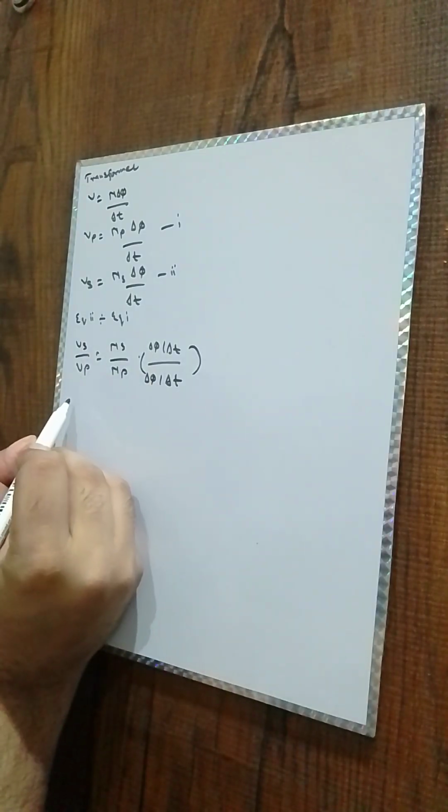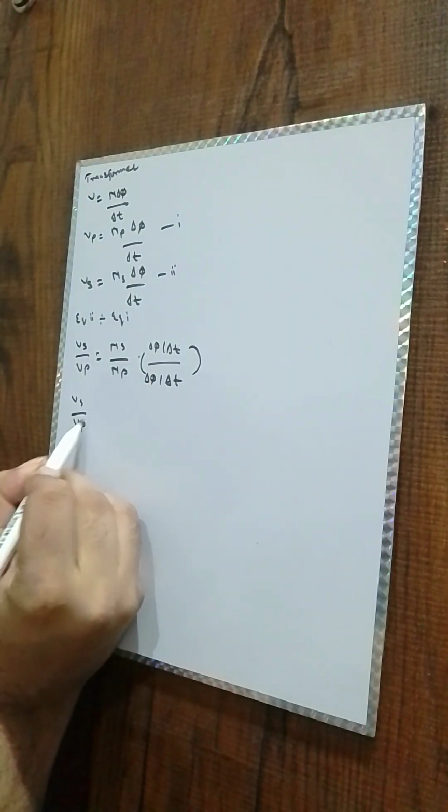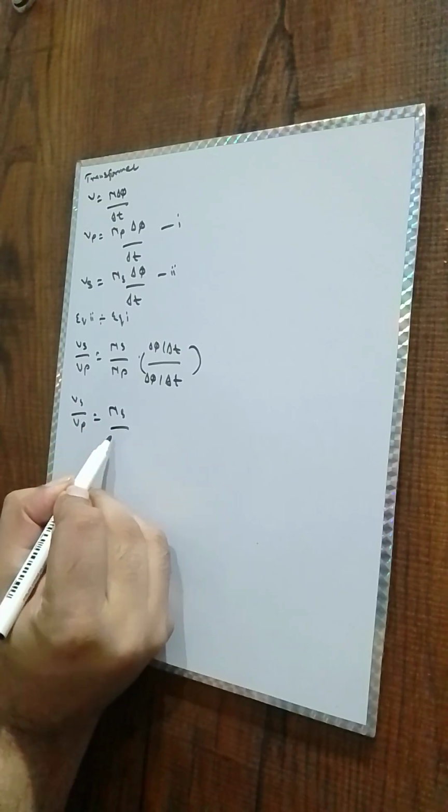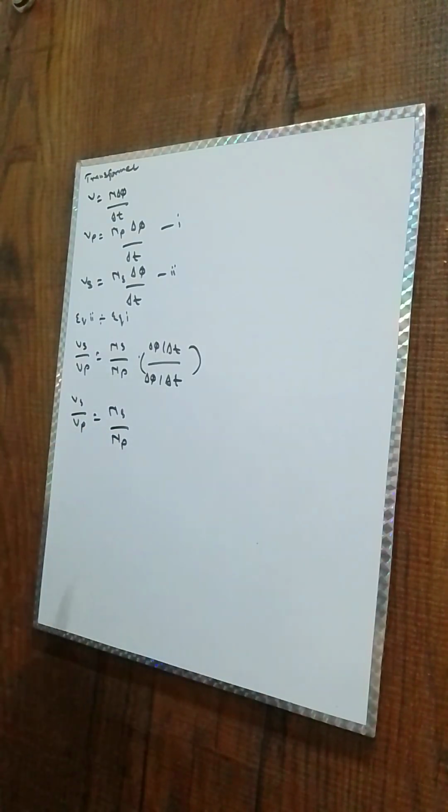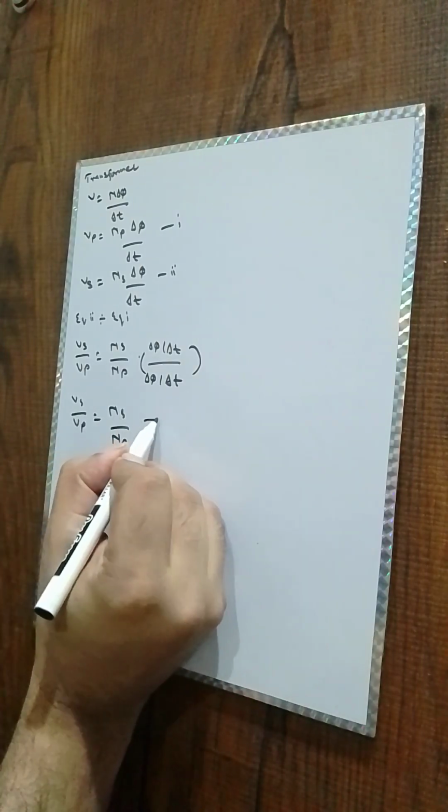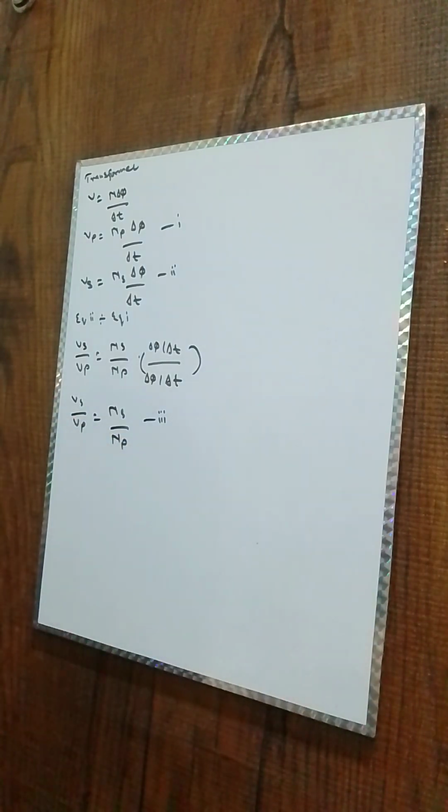This term gets cancelled out, so we get Vs by Vp is equal to Ns by Np. The ratio of the voltages in the secondary and the primary is equal to the ratio of the number of turns of the coils in each set, secondary to primary. Yes, this is the form we're looking for in a transformer.